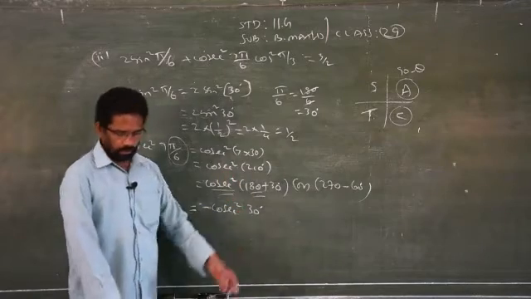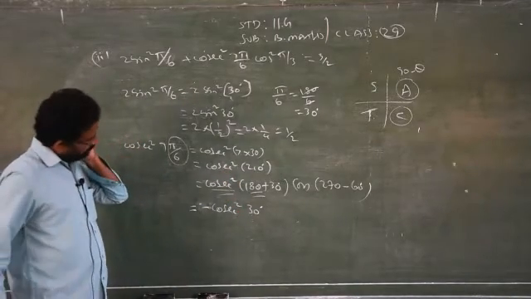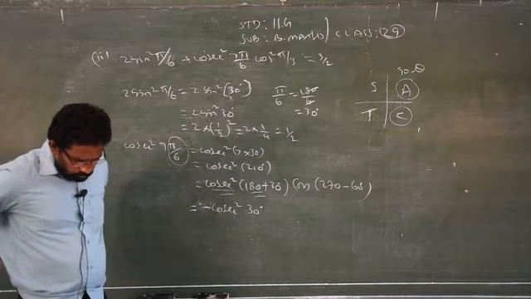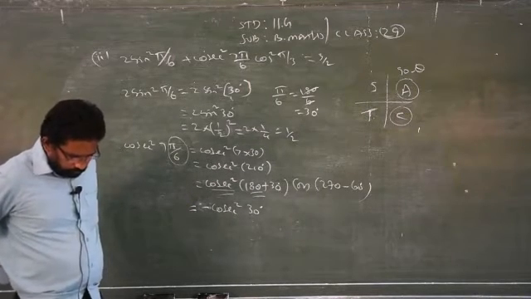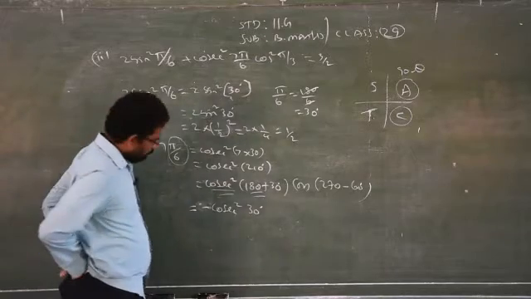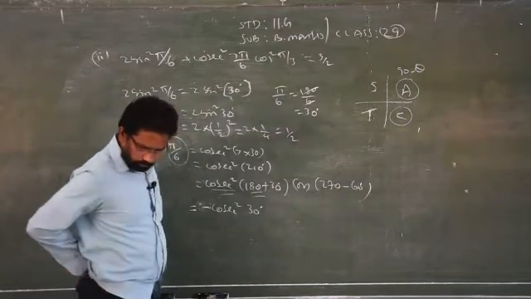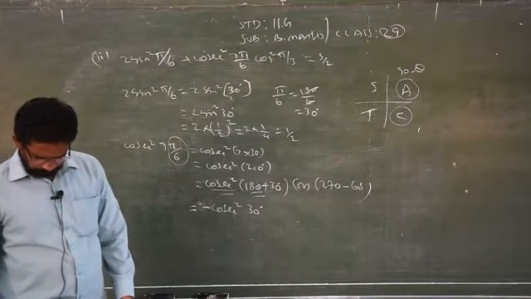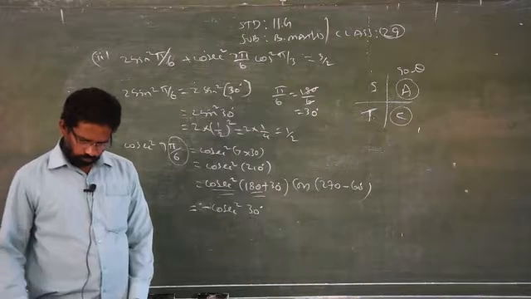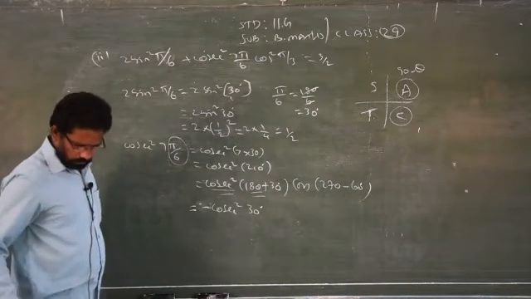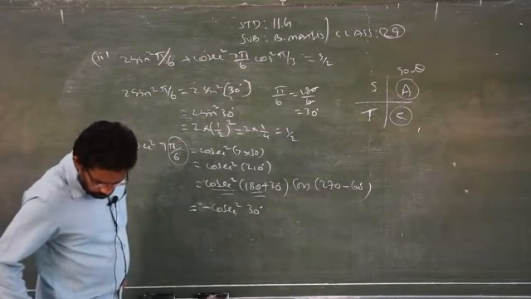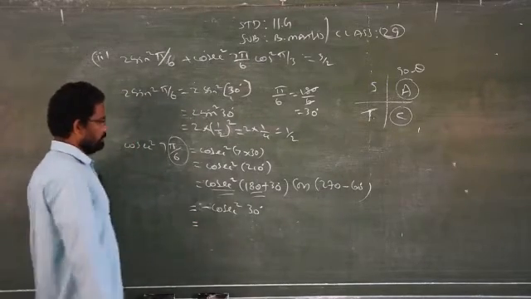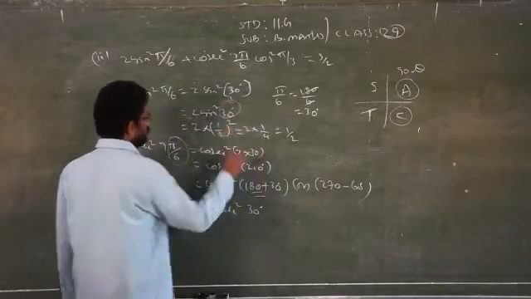Cosecant square 30. So what will come now? Minus. So what will be the cosecant theta value? Cosecant 30. What is the value of sin 30? Sin 30 is how much? 1 by 2.